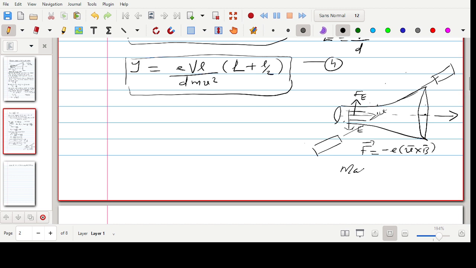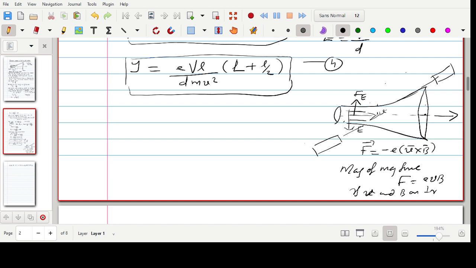The magnitude of the magnetic force is F equal to eVB sin theta. If V and B are perpendicular, then it will be minus eVB. The magnitude of force will be eVB, which should be along the negative y direction.